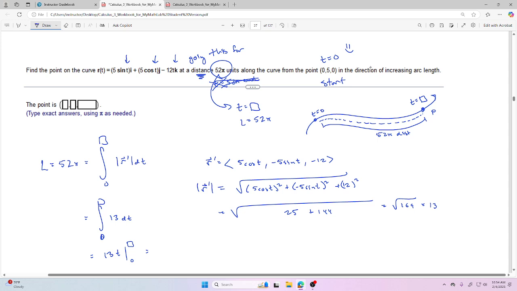X is fine. But ultimately, when I plug it in, I'm going to get, let's call it x. I think x is going to be an easy term. So I'll use x. So x, and then 13 times 0 is just 13x. And 13x is equal to 52 pi. So I want to solve for x.